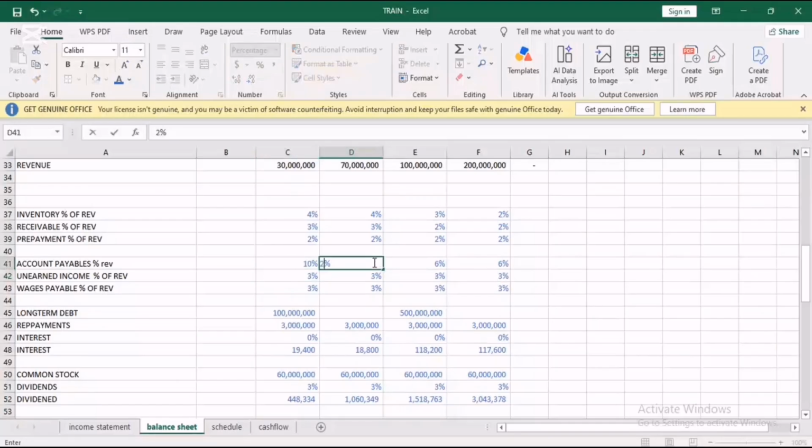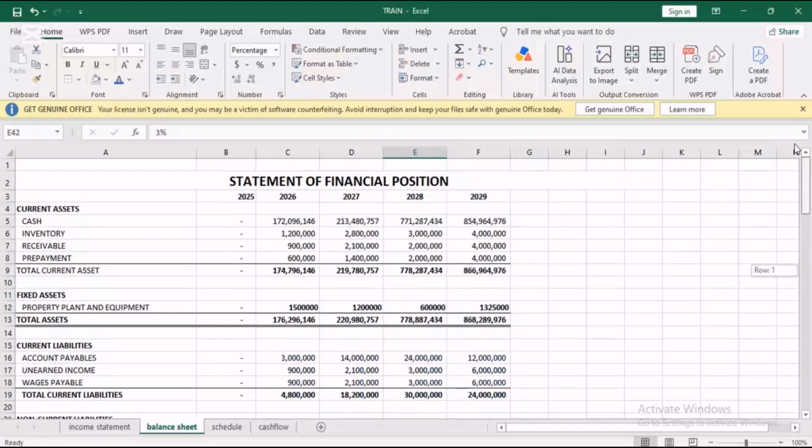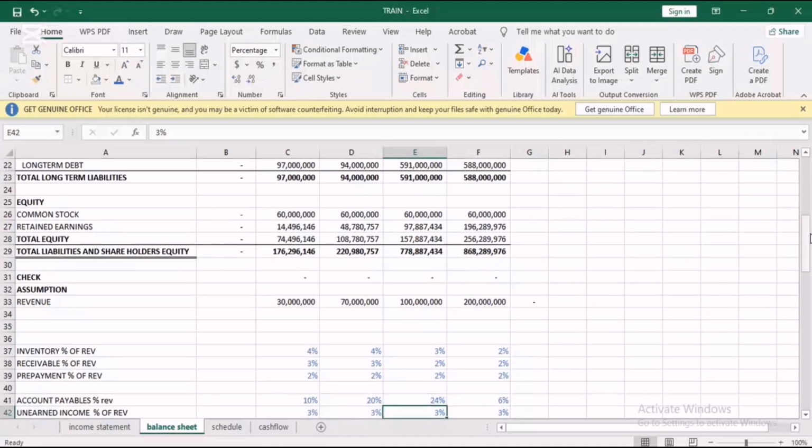So let's put 20% here. Whichever number you put, 25%, 24%, everything will still go up well. You notice there's extra increase in our cash. So you do this depending on what you are trying to project or simulate or what you are expecting, so that it will give you the required outcome.